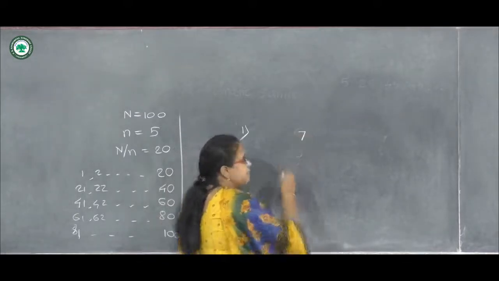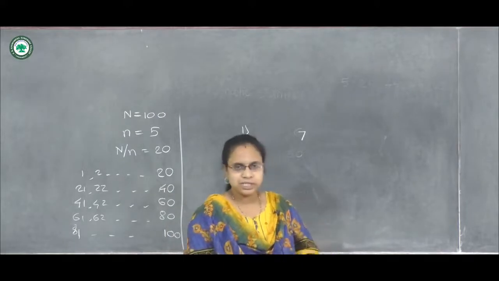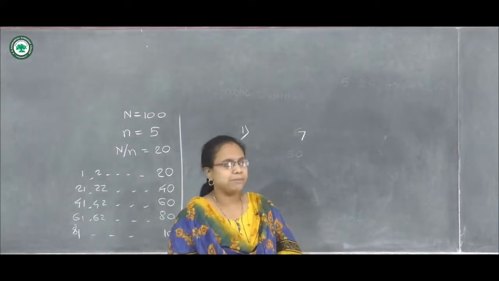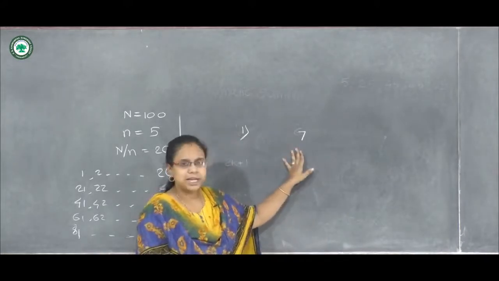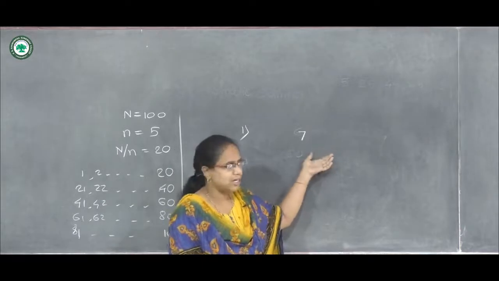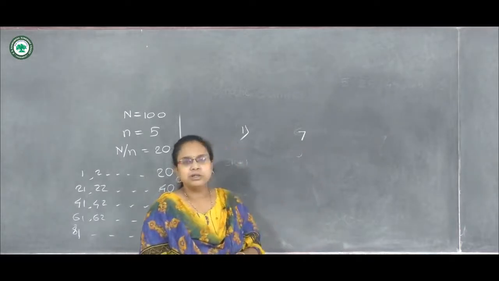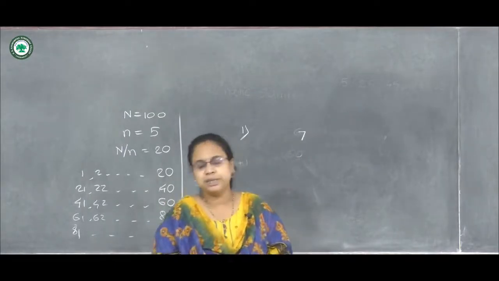So the 7th day may be a Sunday, so we are going to select each Sunday in our systematic sample. It may happen that the sales on Sunday are high, higher than other days. That's why our conclusions may be faulty. So this is one drawback of systematic sampling.